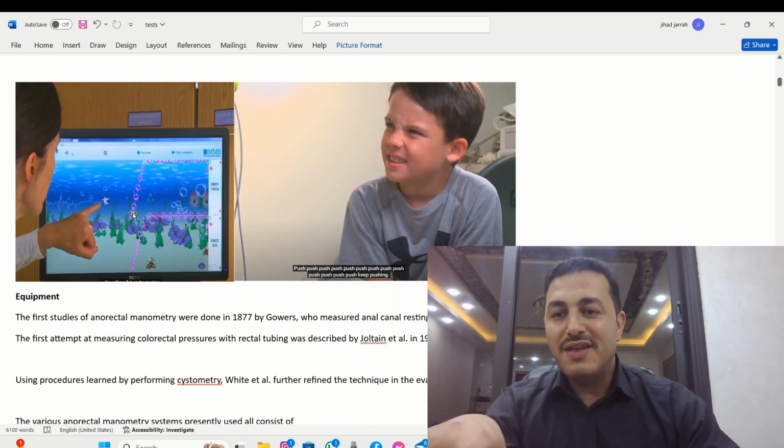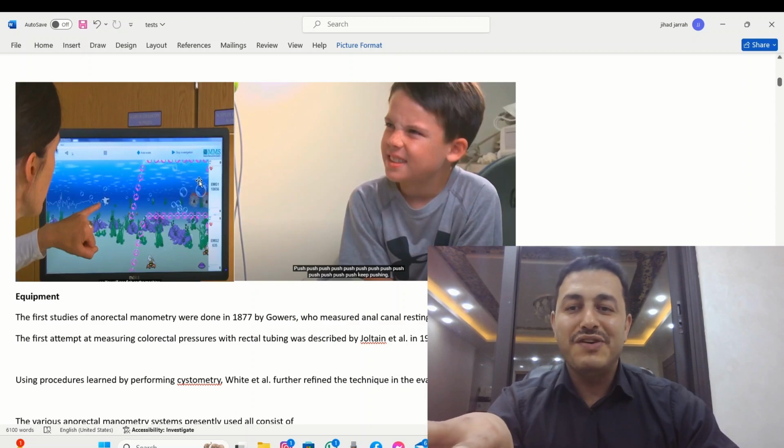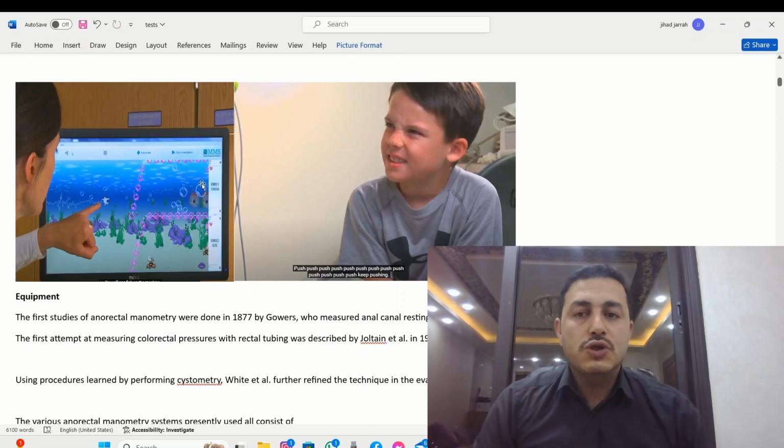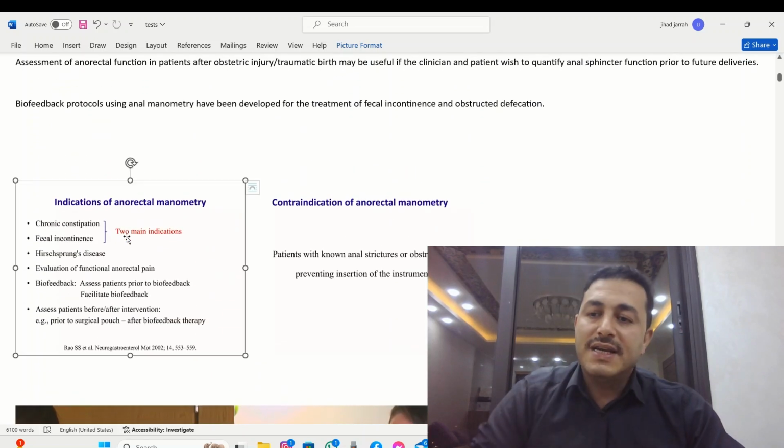If he pushes, the fish will eat the bubbles over here. So this is what we mean by biofeedback therapy. So it can help us. This is a nice picture.